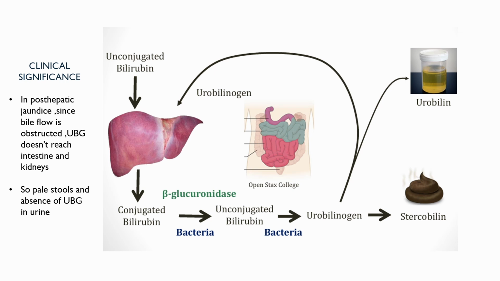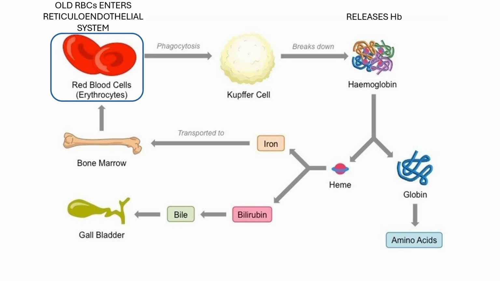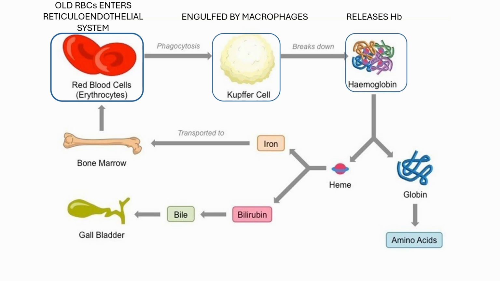So this is the schematic view where the RBCs, when they are old, enter the reticuloendothelial system. In the reticuloendothelial system, they are engulfed by the macrophages there. This releases the hemoglobin, and the hemoglobin thus released is broken down into a globin part and a heme part.